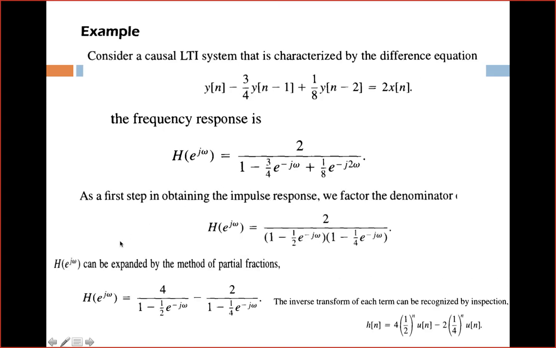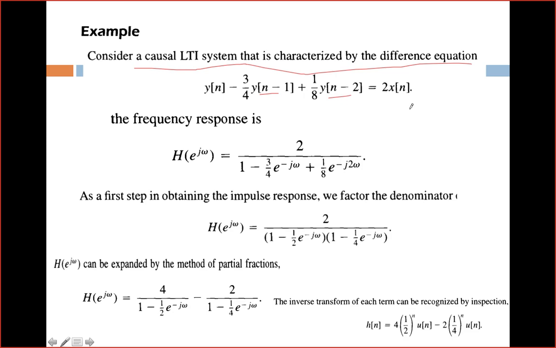The next problem is, consider a causal LTI system that is characterized by the difference equation y of n minus 3 by 4 y of n minus 1 plus 1 by 8 y of n minus 2 is equal to 2 into x of n.